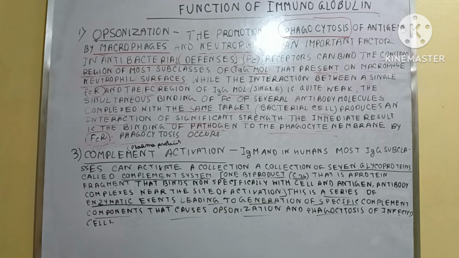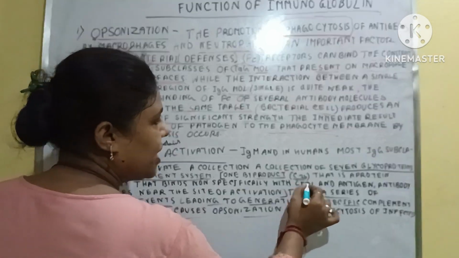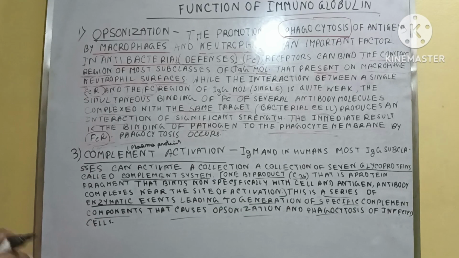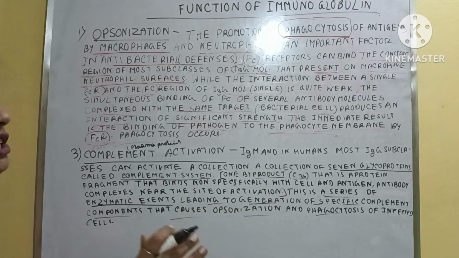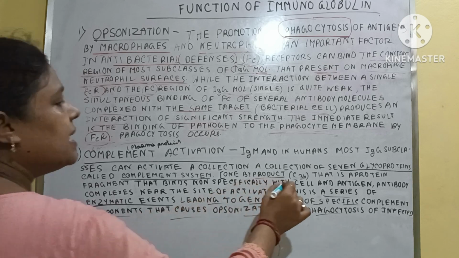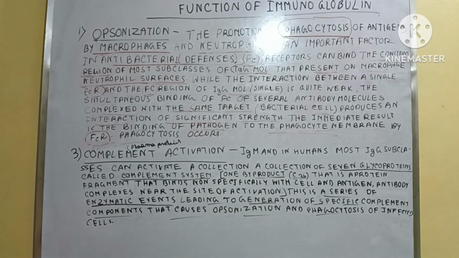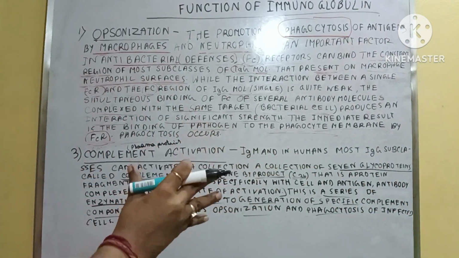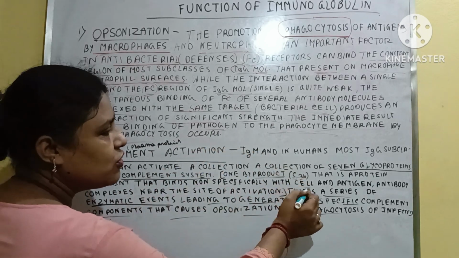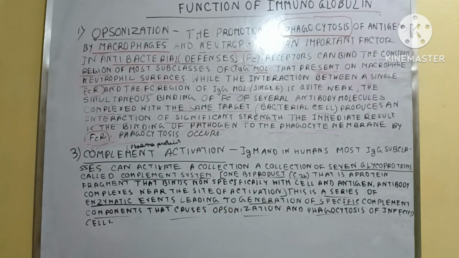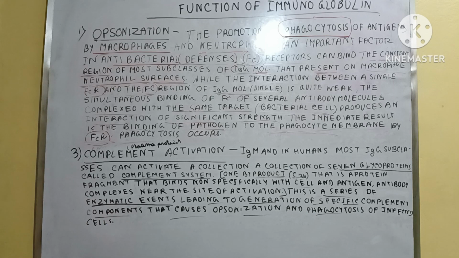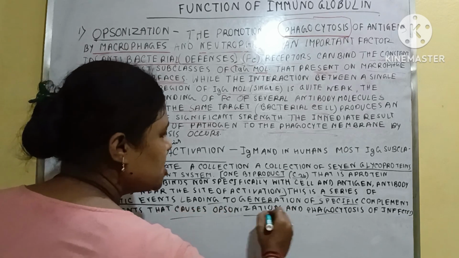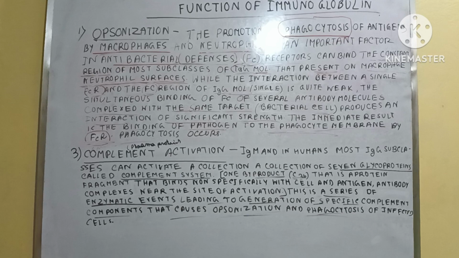This is a very important byproduct of the complement system that helps to bind cells non-specifically. By this binding, an antigen antibody complex forms just near the site of binding of the cell. And this actually induces the opsonization and the phagocytosis of this foreign particle.